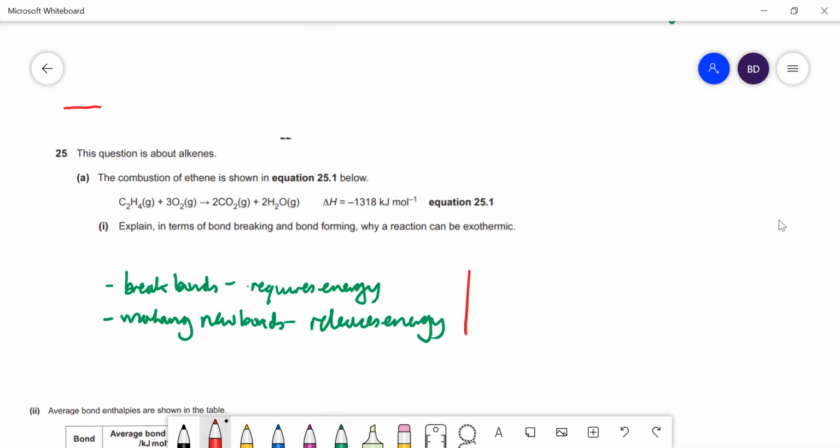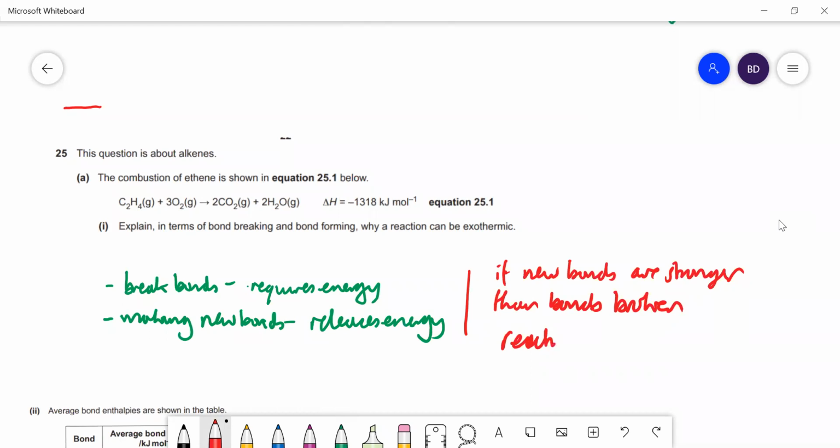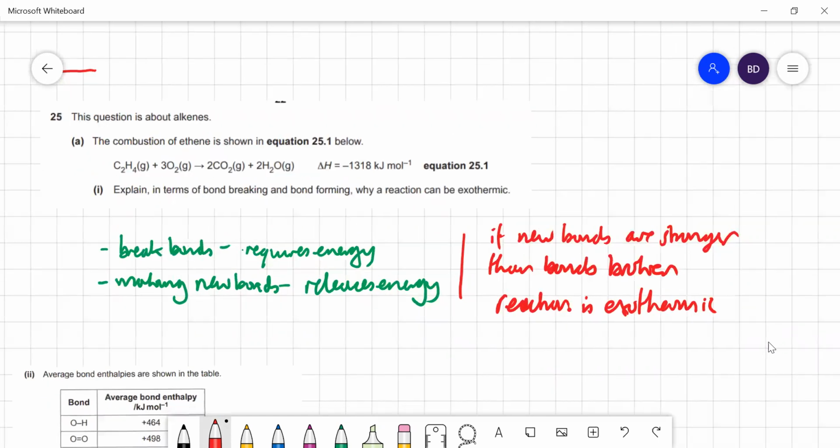And then I would say, if the new bonds formed are stronger than the old bonds, and the bonds broken, then the reaction is exothermic. Okay, so most reactions involve breaking some bonds and then making some new ones. And if the ones you make are stronger than the ones you break, it's exo.